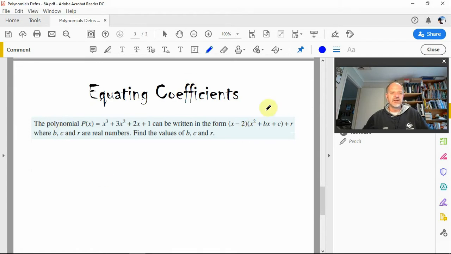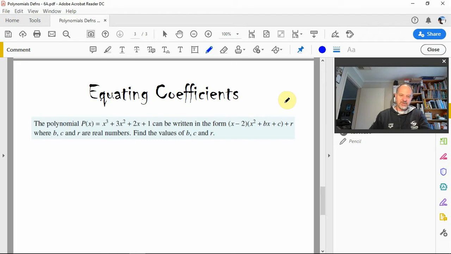So here we've got polynomial p of x equals x cubed plus 3x squared plus 2x plus 1, and it can be written in the form x minus 2, x squared plus bx plus c, plus r. In other words, x minus 2 was kind of a factor. There's a bit of a remainder, and we'll get into that later down the track when we're dividing polynomials.